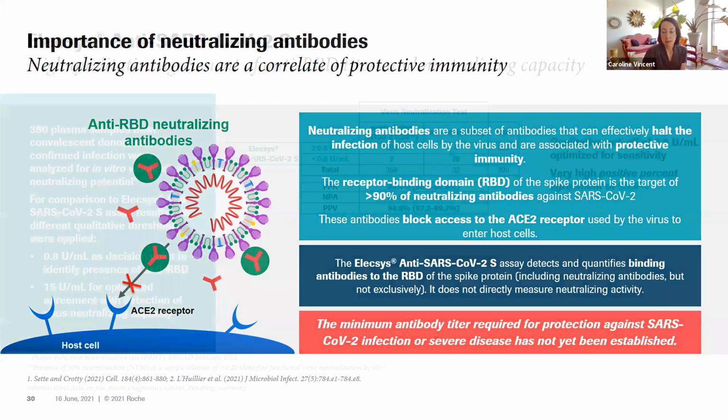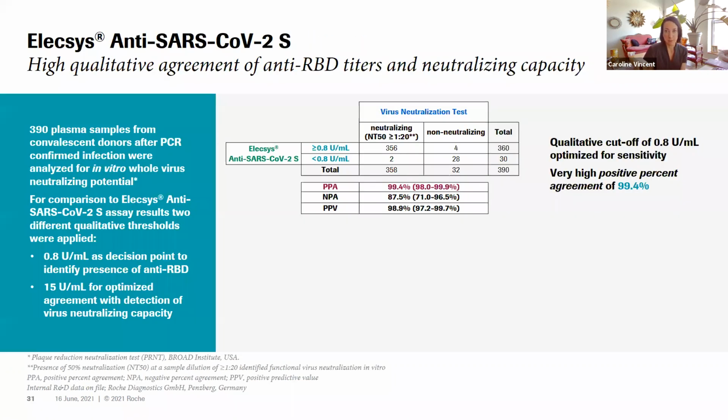Here we examine the correlation between the results obtained with the Elecsys NTS assay and the plaque reduction neutralization test, which is basically the gold standard method for the assessment of neutralizing capacity in a blood sample. So we used a total of 390 plasma samples from convalescent donors who were analyzed in parallel with both methods.